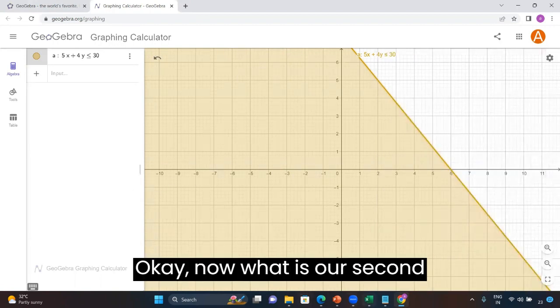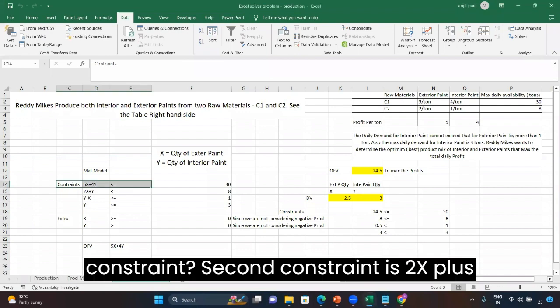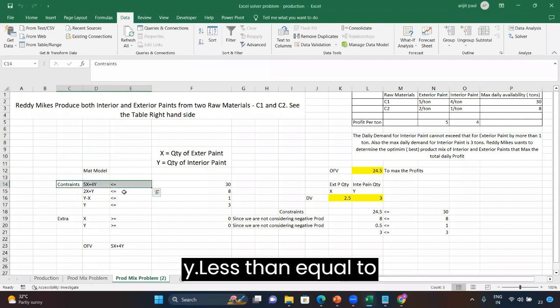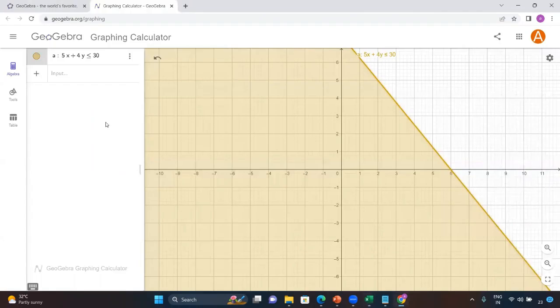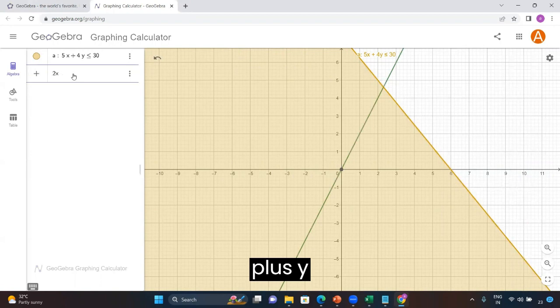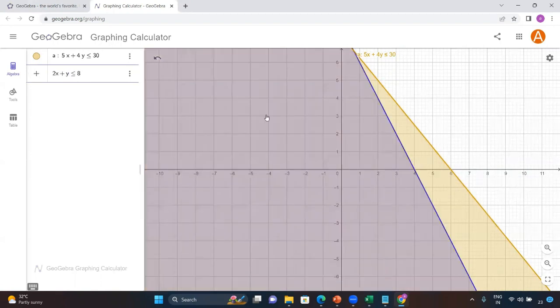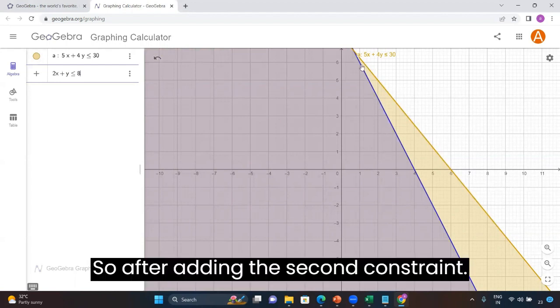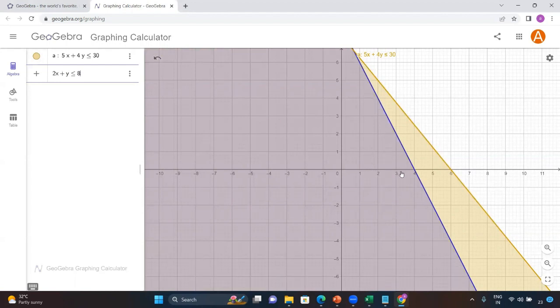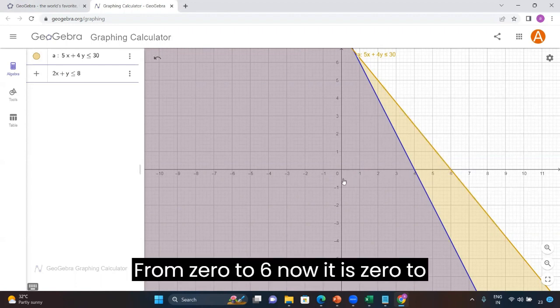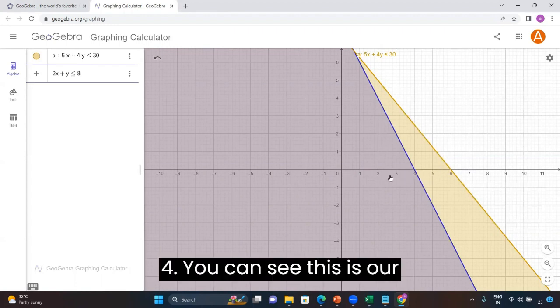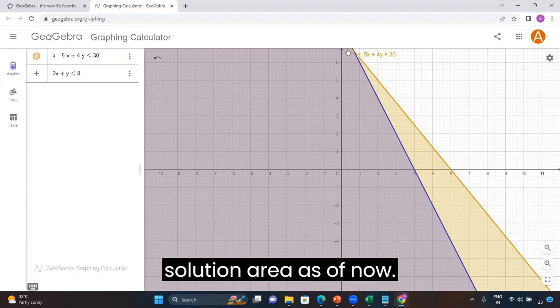Now, what is our second constraint? Second constraint is 2x plus y less than or equal to 8. So after adding the second constraint, our solution area got reduced from 0 to 6, now it is 0 to 4. You can see this is our solution area as of now.